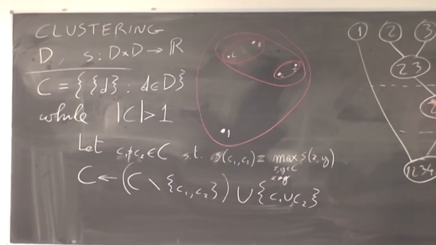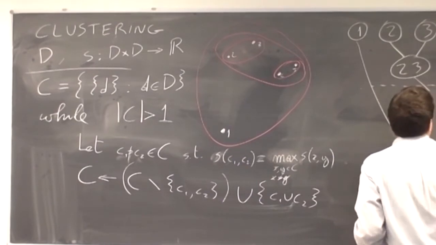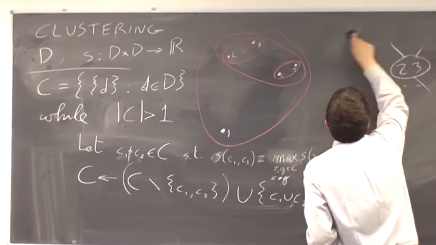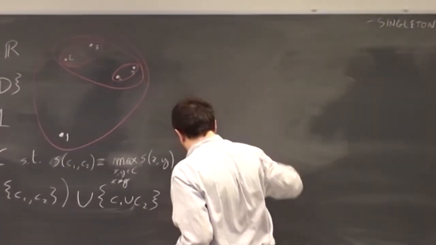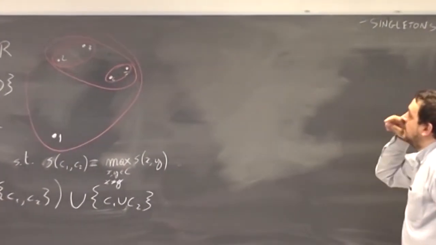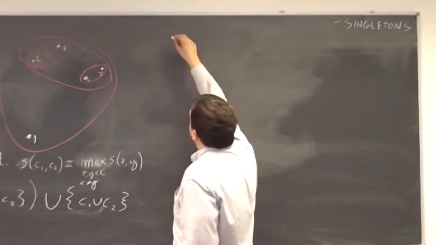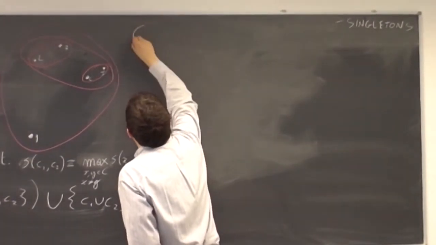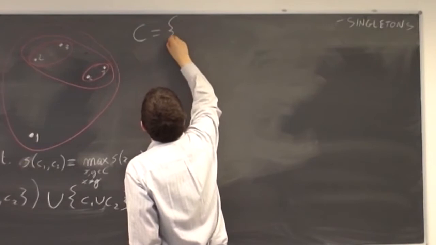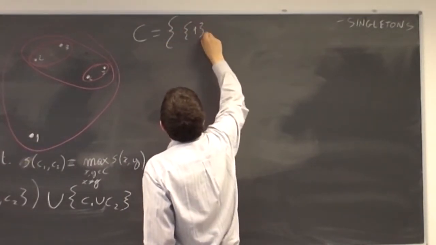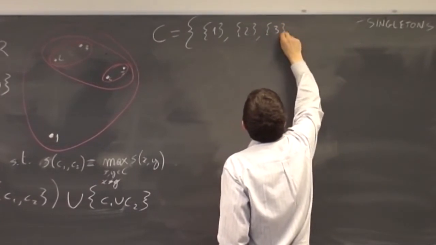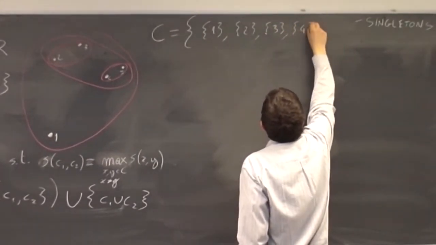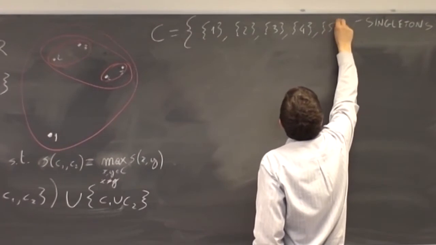So in this case, we can draw this a little more. So we start with C as a collection of singletons 1, 2, 3, 4, and 5.